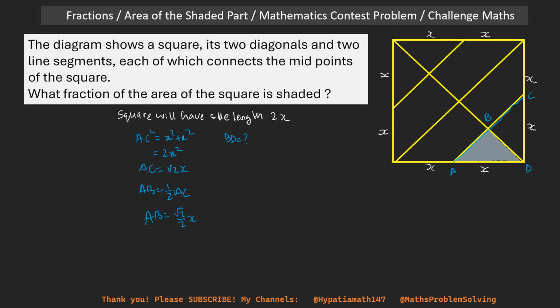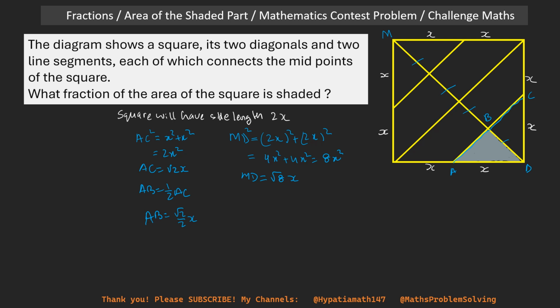If this was, say, M and D, then MD, once again using Pythagoras, MD square is 2x square plus 2x square, that is 4x square plus 4x square, that is 8x square. So MD would be root 8 times x.